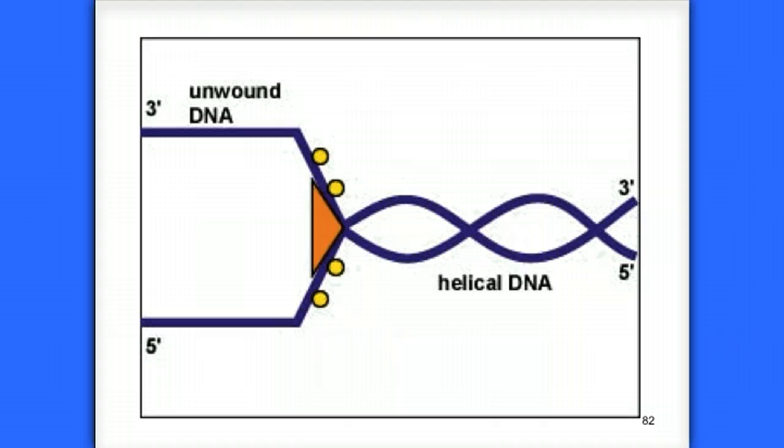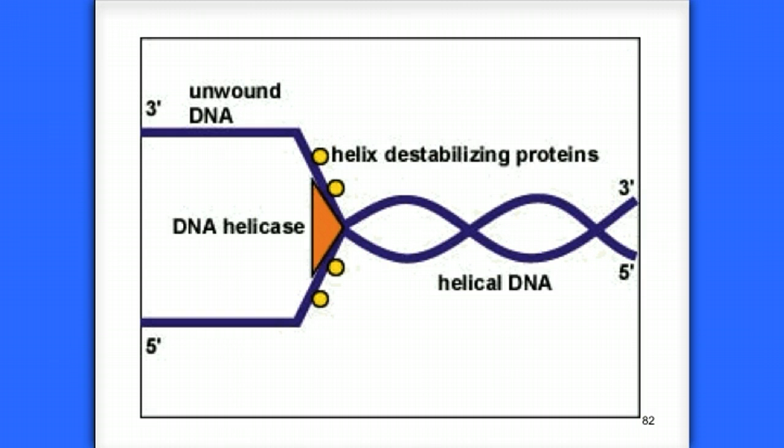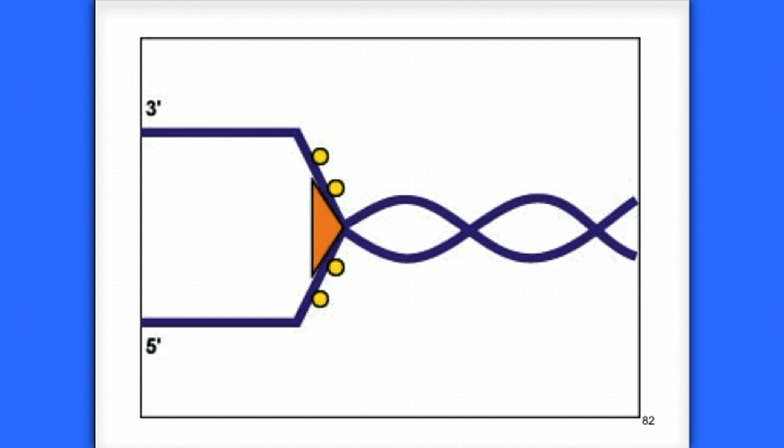Let's have a look at this animation. The helicase comes in, unwinds, and the DNA polymerase attaches. So here the red colored structure, see the primer is attached, but because it is a lagging strand, we will require another primer here.